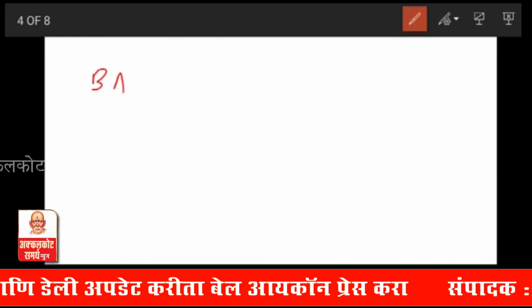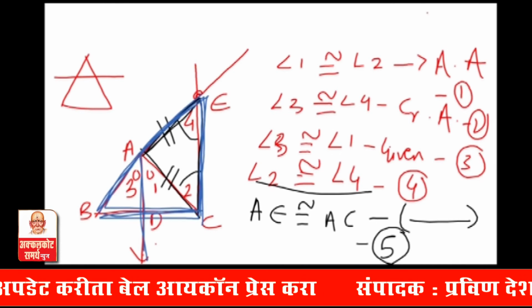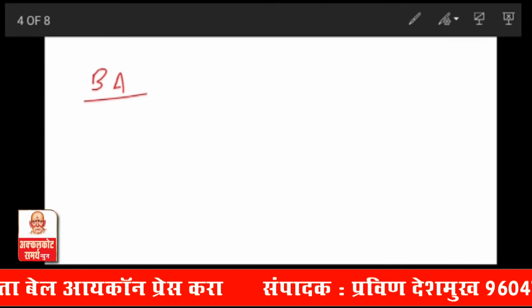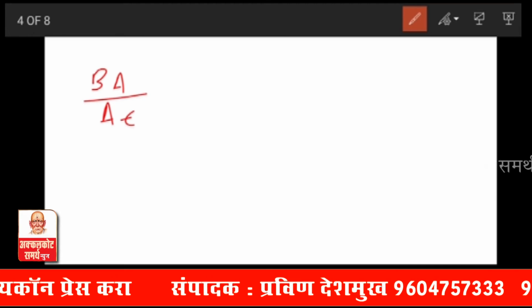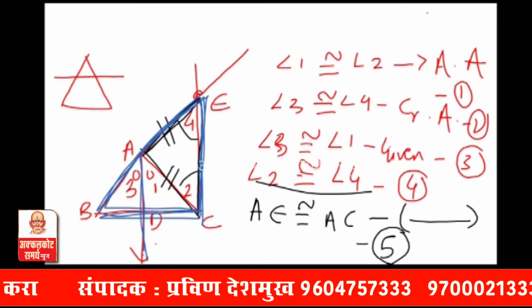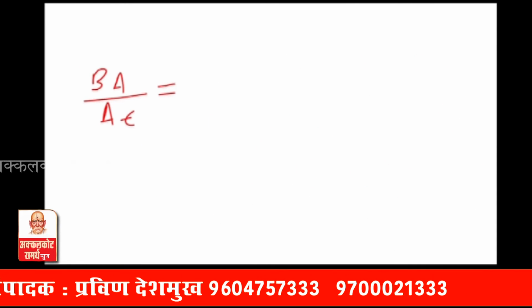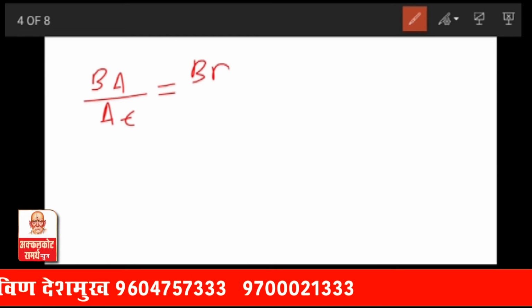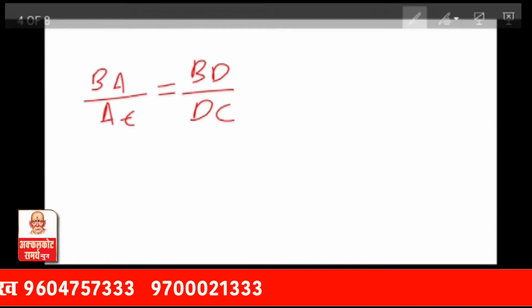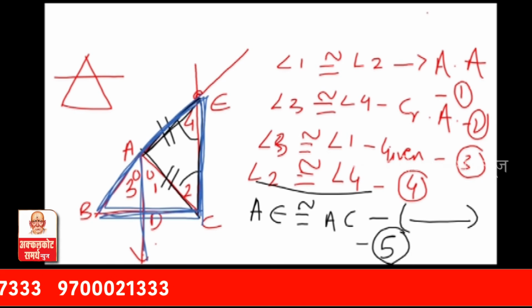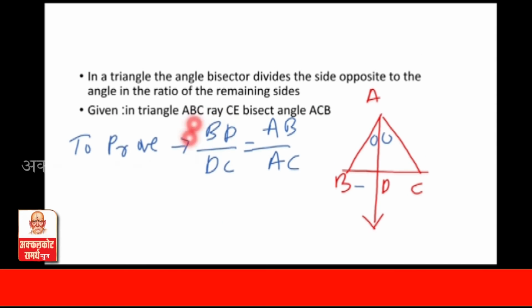So BA over AE is equal to BD over DC. I am writing in very short. Actually, this solution is given in your textbook. This is just for your guidance here. So BA over AE is equal to BD over DC we got. See our proof, BD over DC one side we got.